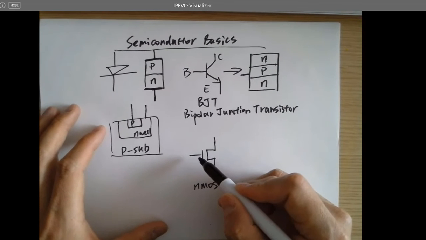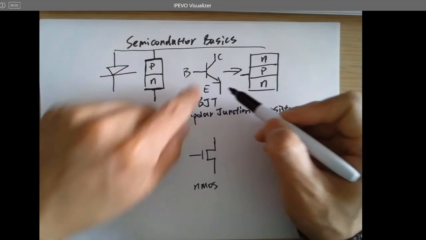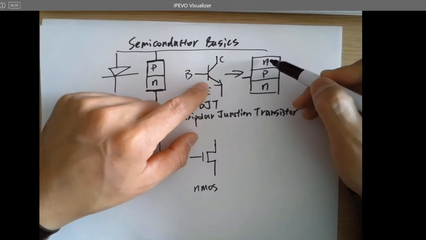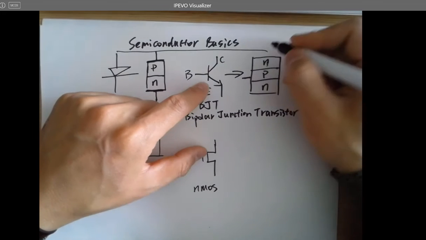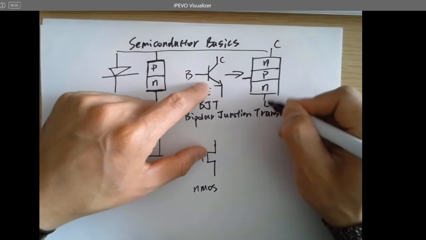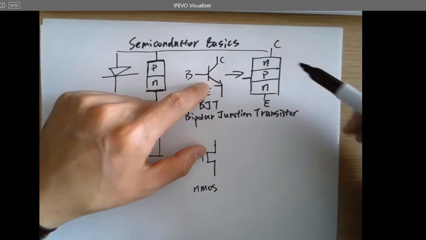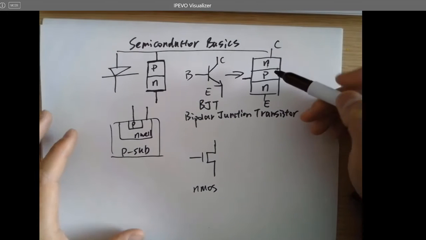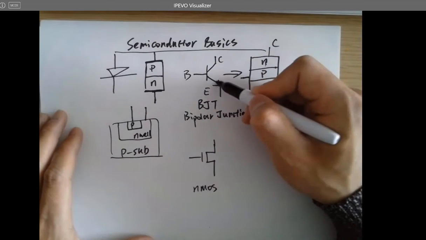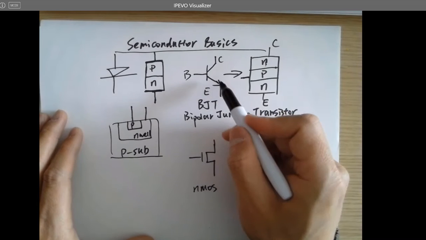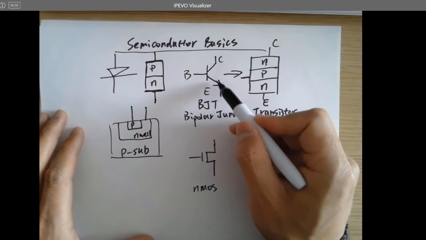If I have a bubble, it's a PMOS. And I know this is an NPN transistor, has N on the top, P, N, like this. And here's a collector, here's an emitter, because I can see that the little arrow here from the symbol is at the bottom.